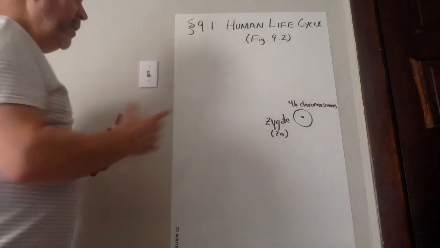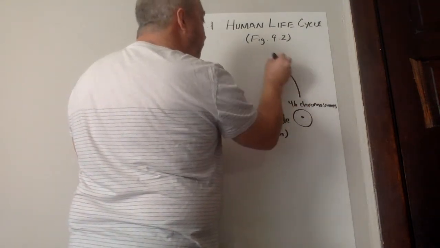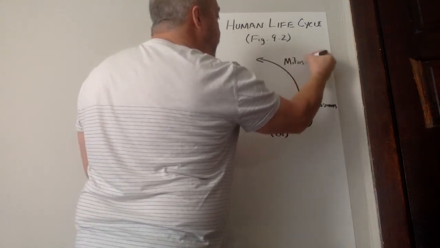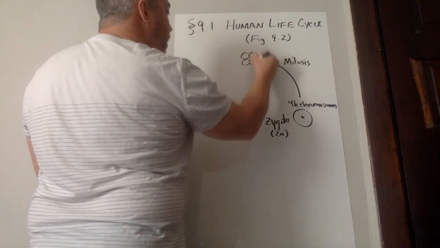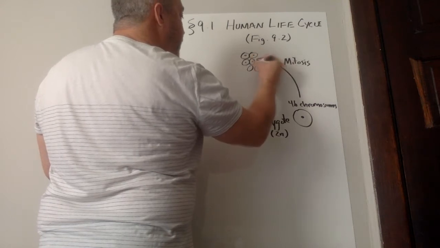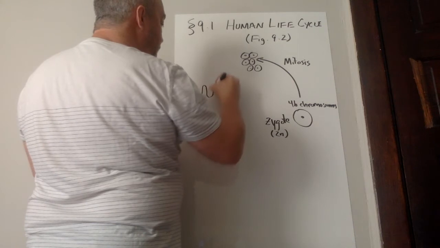In this portion, the zygote is going to be the first cell that will undergo mitosis. Remember, mitosis is for growth. So we will undergo mitosis, and we will start to develop lots and lots of cells. Eventually, we will grow up to be adults.